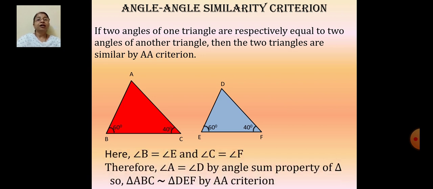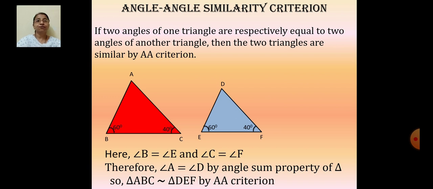From the identical markings, or the measures given, we can say angle B is equal to angle E, angle C is equal to angle F, right? So therefore the third angle is automatically equal to the third angle of the other triangle by the angle sum property of a triangle. So triangle ABC is similar to triangle DEF by angle criteria.